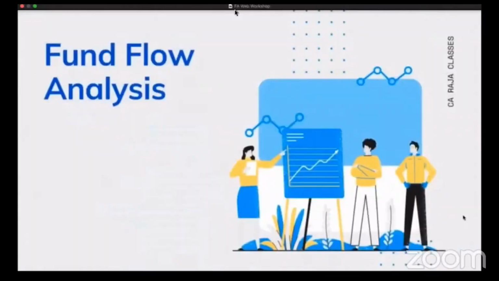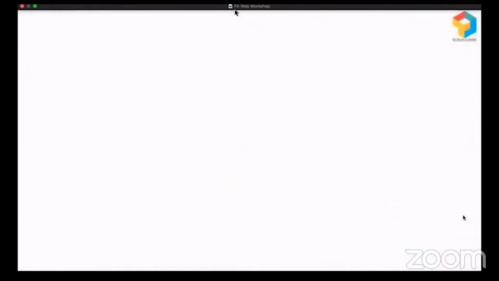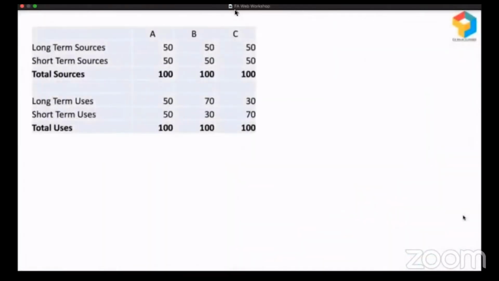So now it's time for us to get into the session. I need your participation here. Look at this. There are 3 companies A, B, C, and you have information about their long-term sources and short-term sources, total sources. You have information about their long-term uses, short-term uses, and total uses.